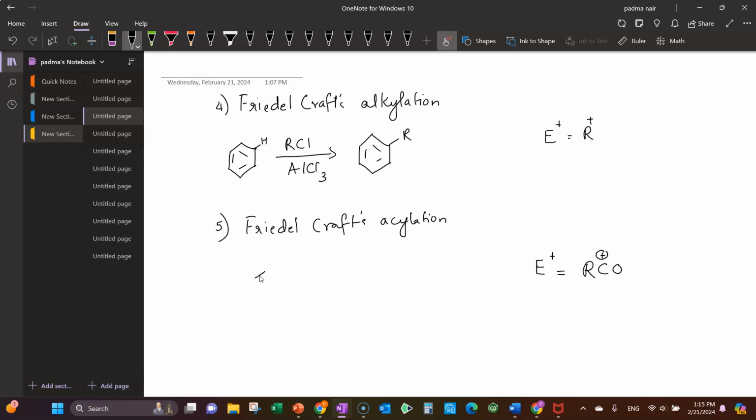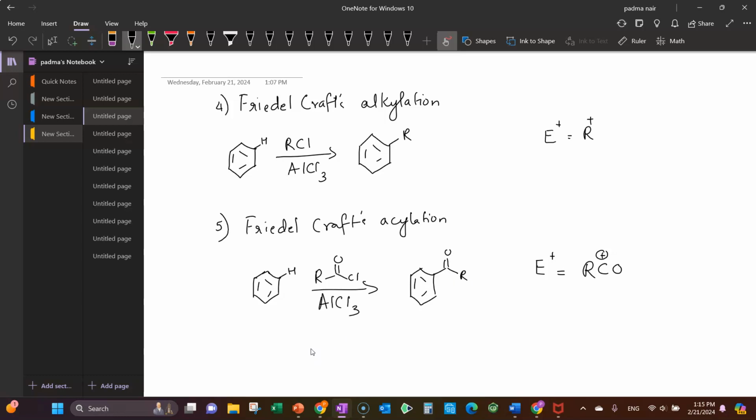Okay. Benzene reacts with the acyl chloride in the presence of a Lewis acid again, where the hydrogen is substituted with an acyl group.